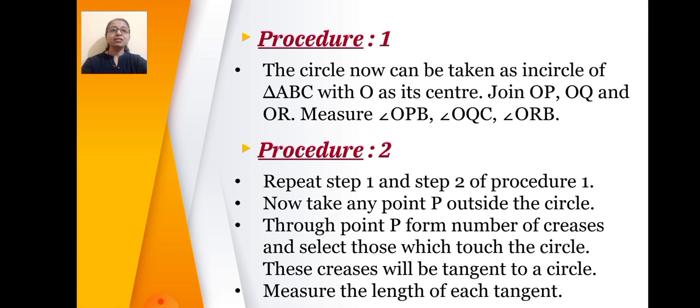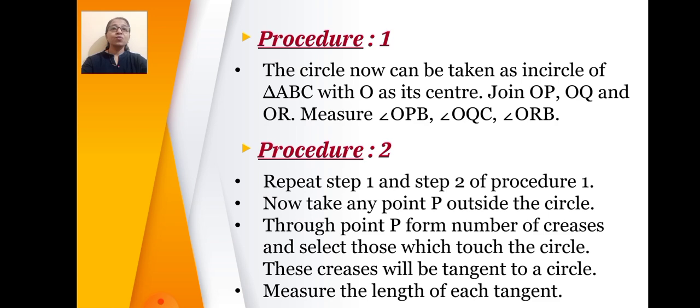These creases will be tangents to the circle. You can form any number of creases through that point P, but we will select only those which touch the circle. Next, measure the length of each tangent. So you will get two tangents there and you will have to measure their lengths.